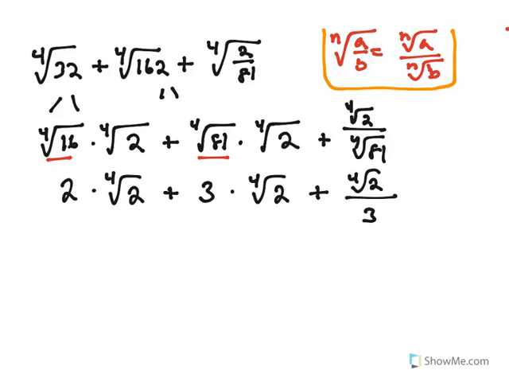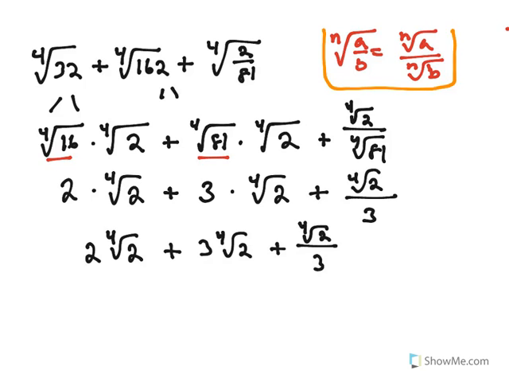okay. So what we want to do here is go ahead and add all the coefficients, okay? So we're going to be really careful here. There's a plus. So let's write the 2 times the fourth root of 2 is equivalent to this. 3 times the fourth root of 2 is that, plus the fourth root of 2 over 3.